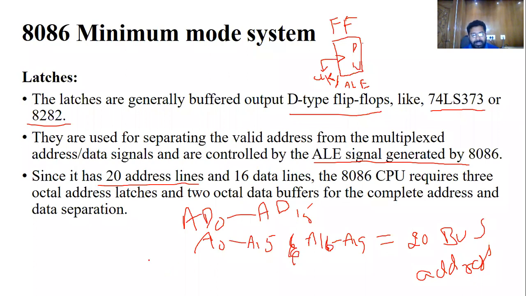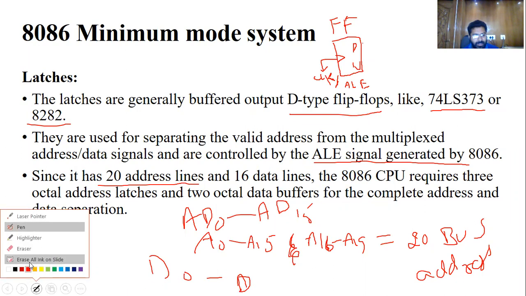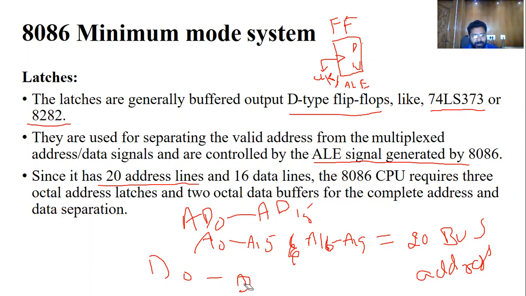But the data lines are D0 to D15, which is only 16 data lines.